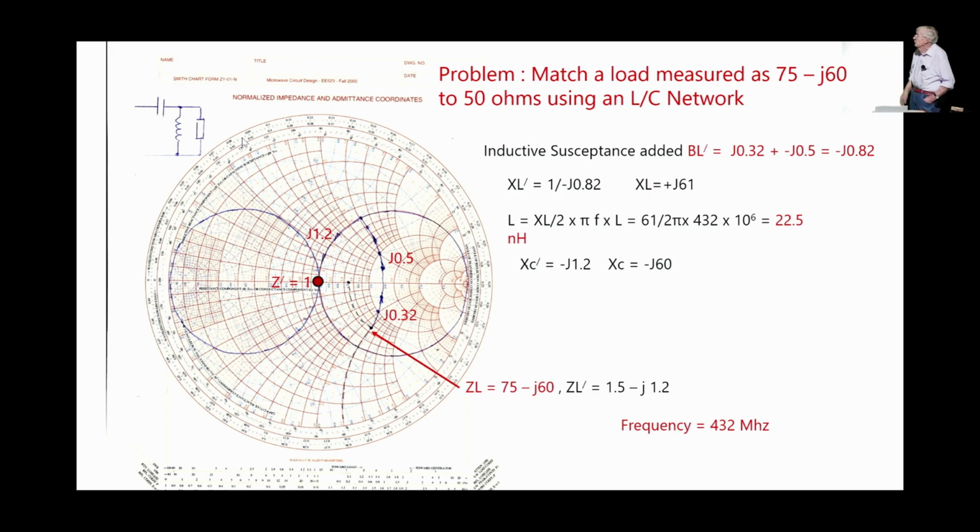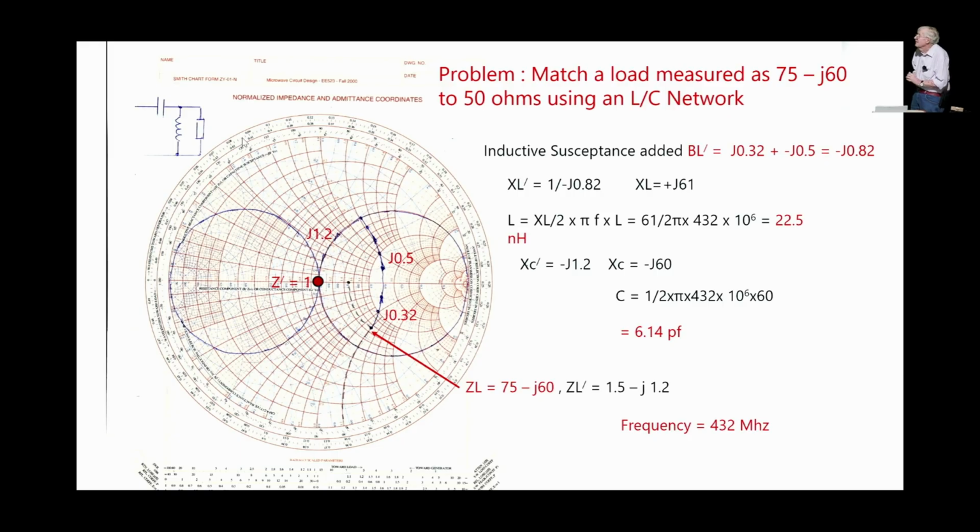The frequency is 432, so I think I did the calculations for that. Yeah, we've got 6.14 pF and 22 nanohenries for that network, where we've got series C and shunt L.